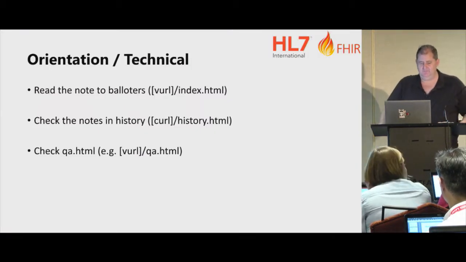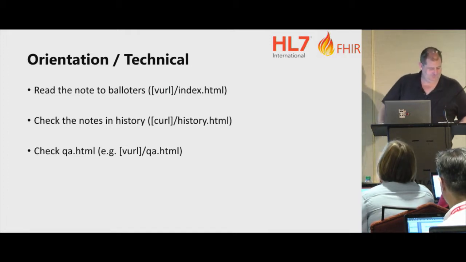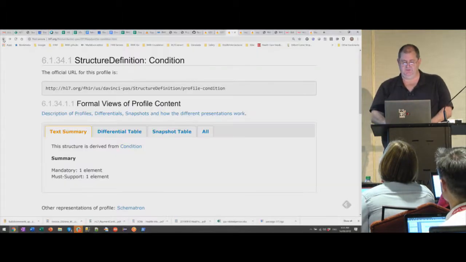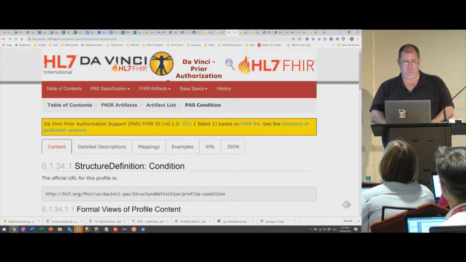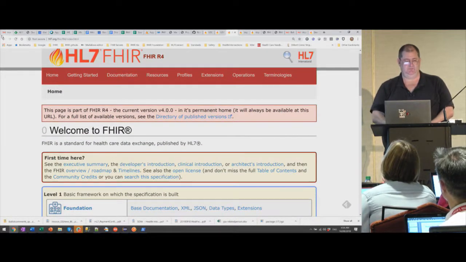Then the next thing to do is technical orientation. So the first thing you should do is check whether there is a note to balloters. So this is the home page. No, I'm in the wrong place.